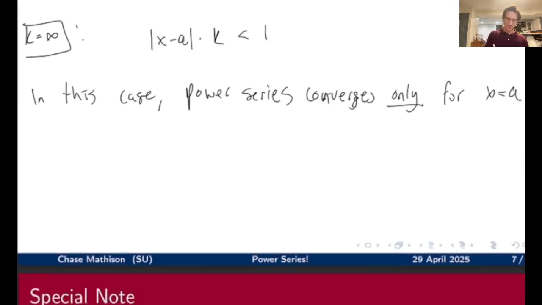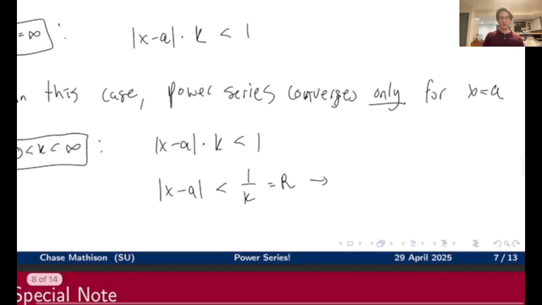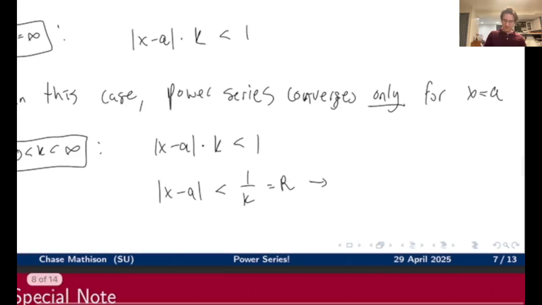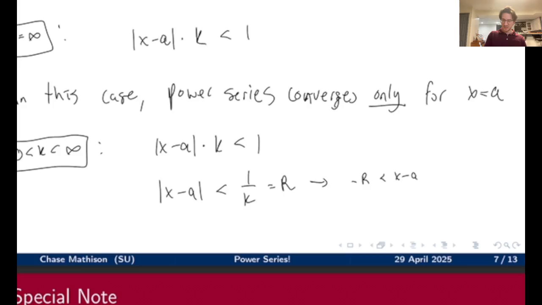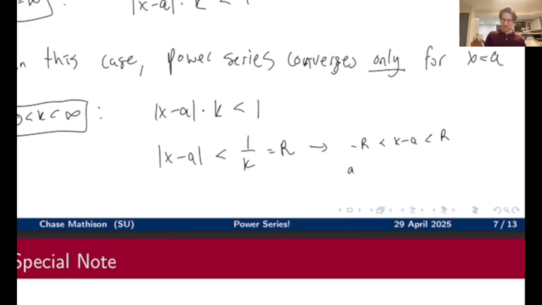Okay. Now let's talk about every other case. K between 0 and infinity. 0 less than k less than infinity. Then we get x minus a times k is less than 1. And in this case, I'm allowed to divide both sides by k, which is a positive number. I get x minus a is less than 1 over k, which I'm going to call the number r. And what does this look like? Well, this looks like minus r is less than x minus a is less than r. And so I add a everywhere, and I get a minus r is less than x is less than a plus r.